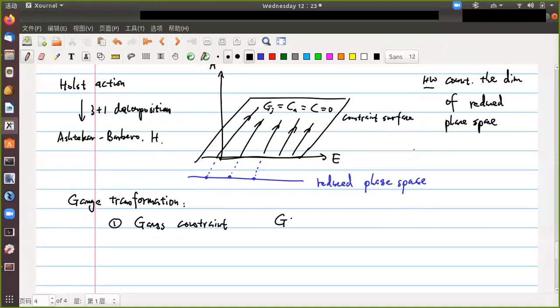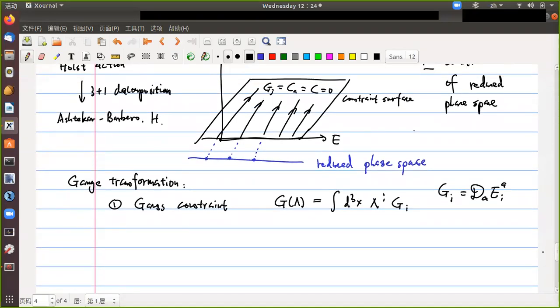Now the Gauss constraint, I smear the Gauss constraint, equals the integral d^3x λ^i G_i, and G_i here is just the new covariant derivative defined by A. Okay. And you just apply the formula and compute the Poisson bracket, just like how to generate gauge transformation as before.